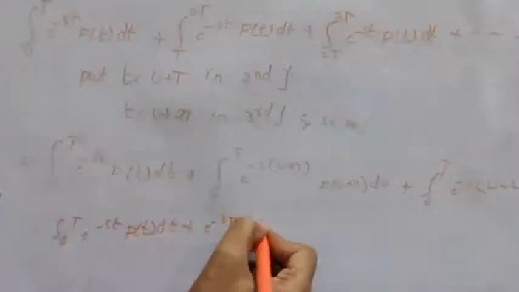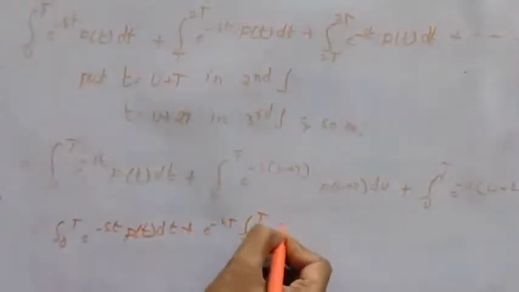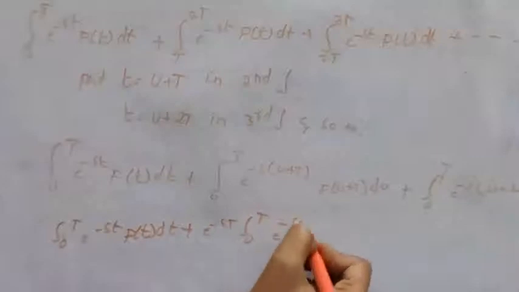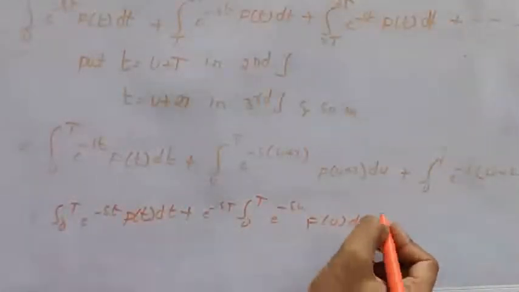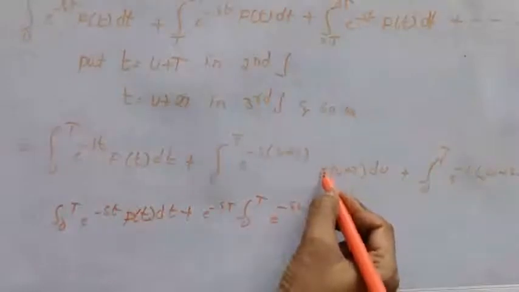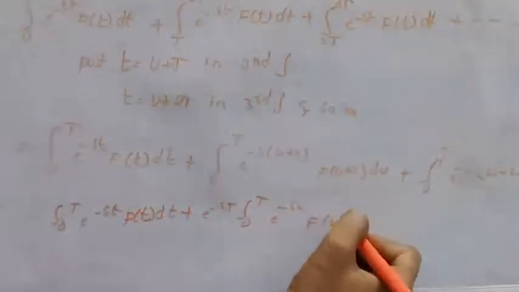What remains is integral 0 to T of e power minus su f of u du. Next, I will tell why we have considered f of u plus T as f of u.